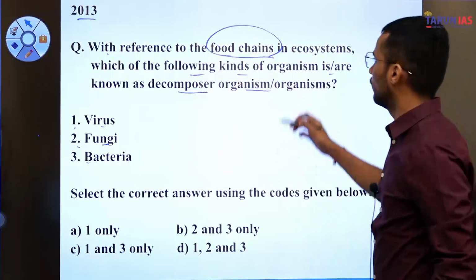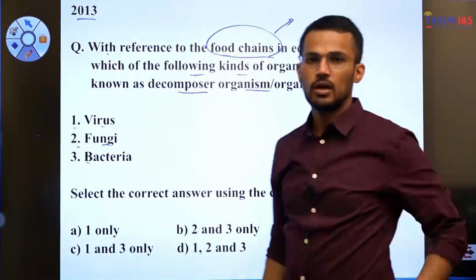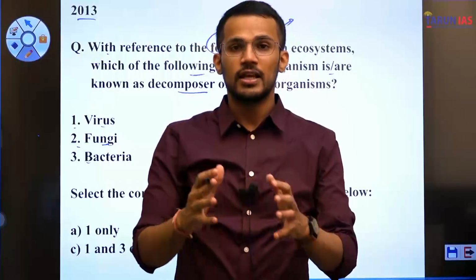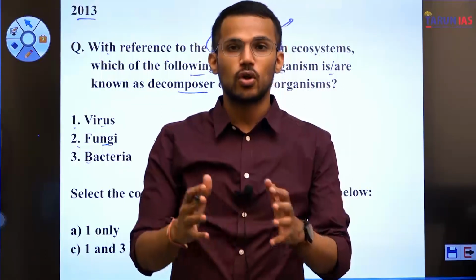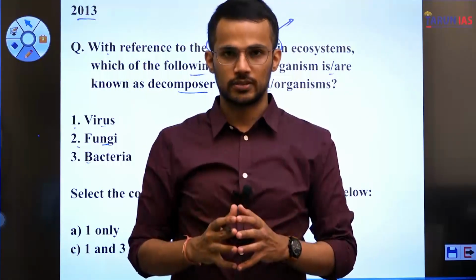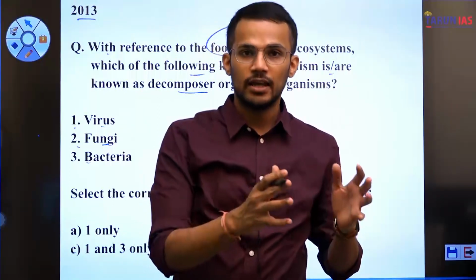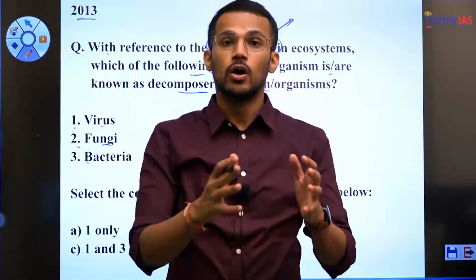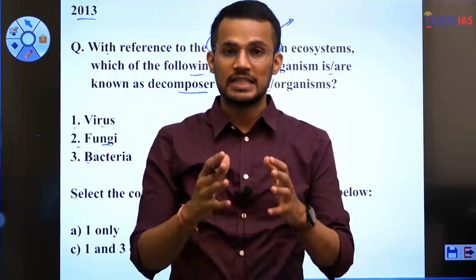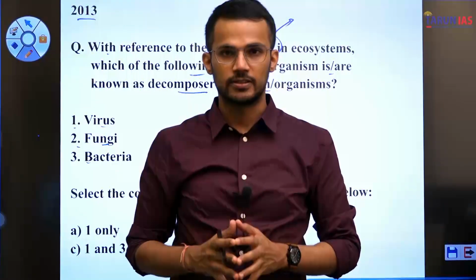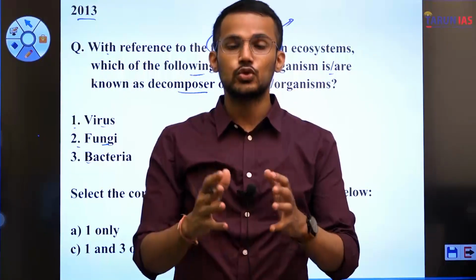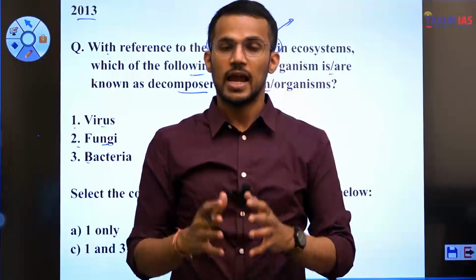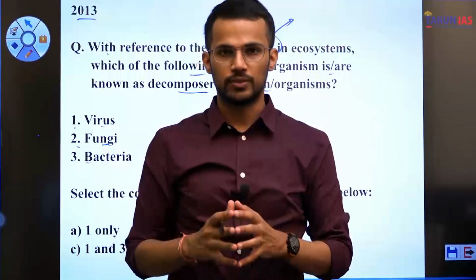So first of all, what is food chain? Food chain is a sequence that represents transmission of energy in an ecosystem, and it is a feeding pattern in an ecosystem. That means who is feeding on whom, that is illustrated based upon food chains. Basically, there are two types of food chains. First is grazing food chain, and second is detritus food chain.